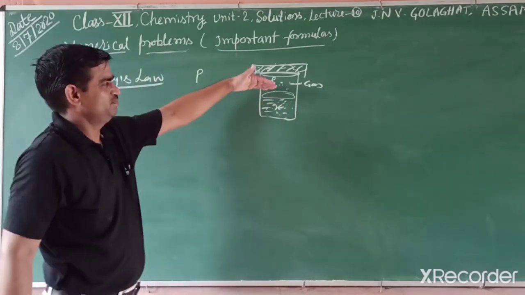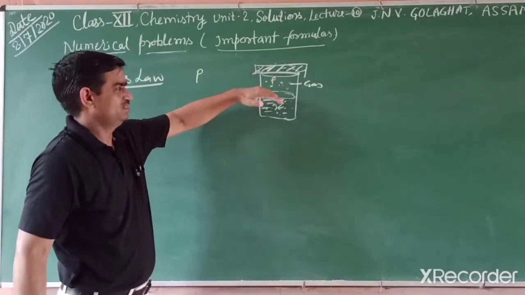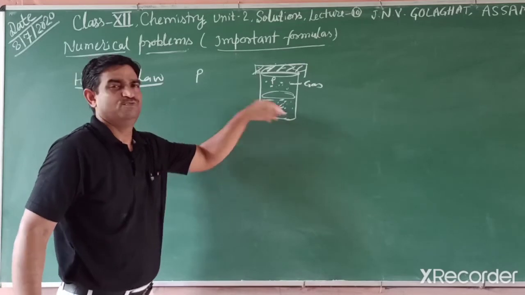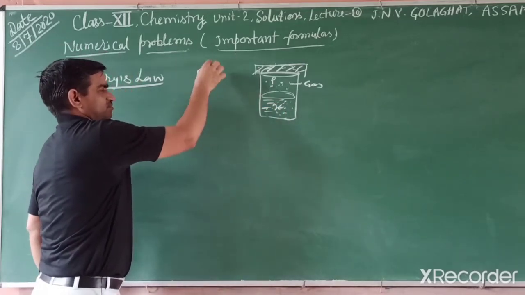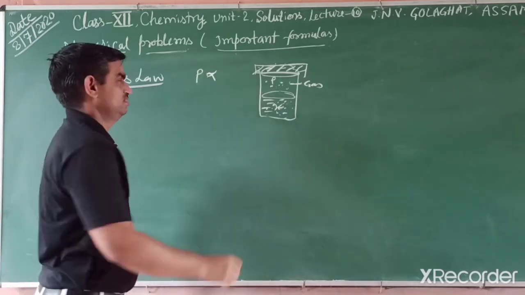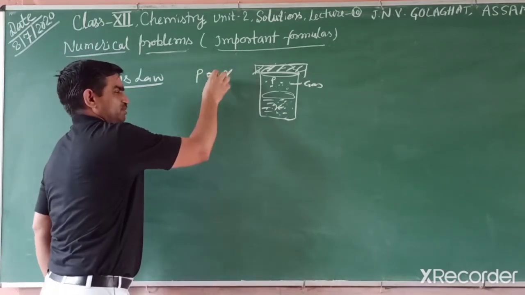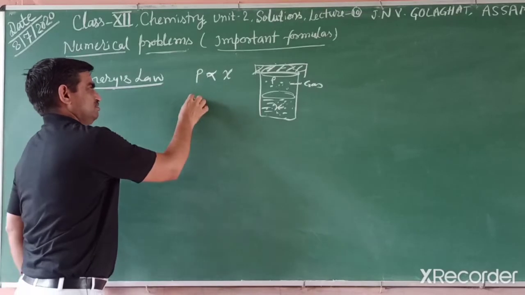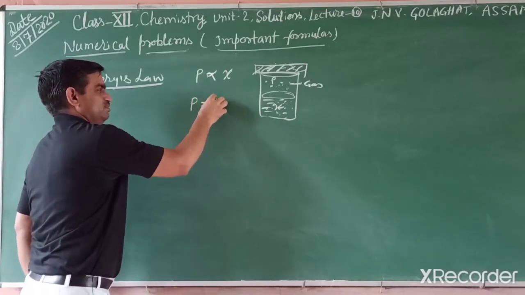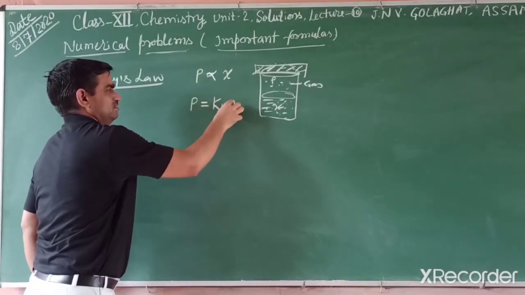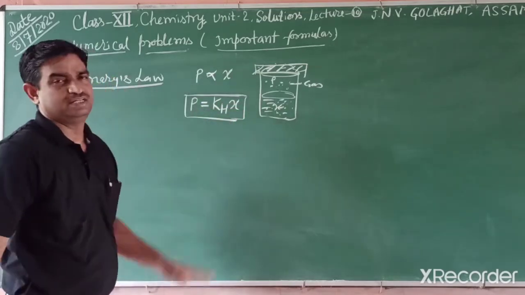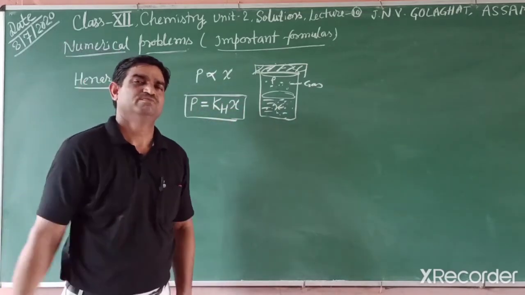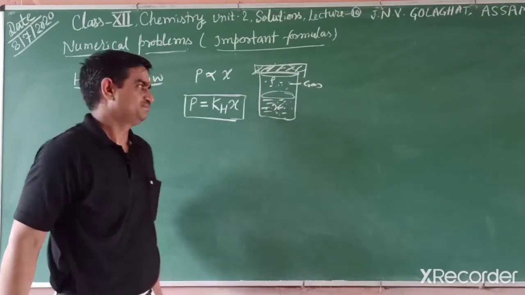So partial pressure over the solution is directly proportional to mole fraction of the gas. Then we can say P is equal to KH X1, that is the gas. This is Henry's law, and we solve many numericals on these problems.